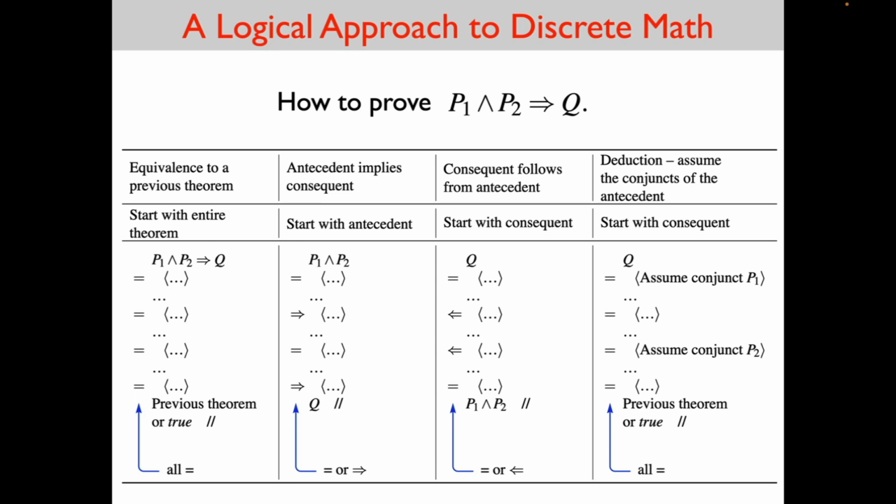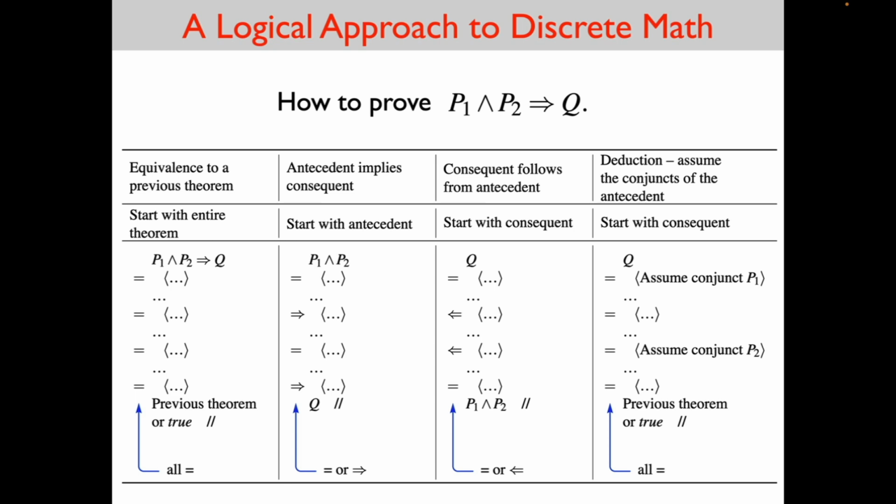Everything has to be equals. But then along the road from the first line to the last line of the proof, in the hint, you can use P1 as if it were a theorem.